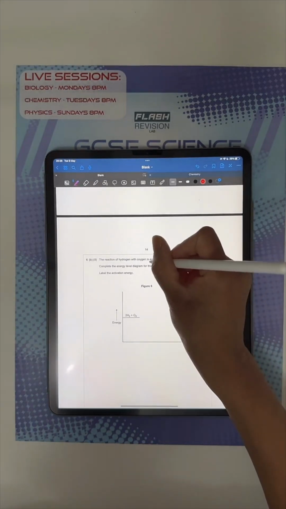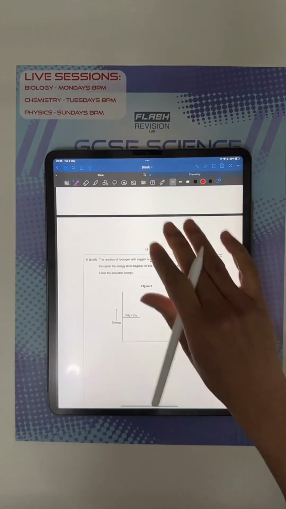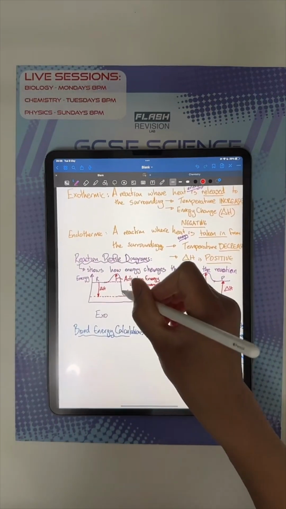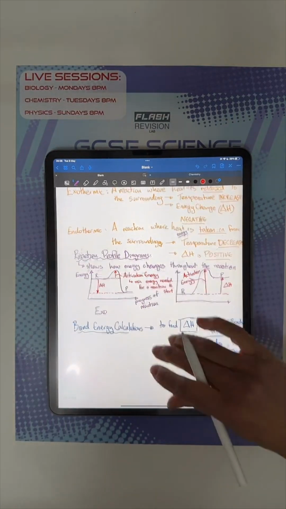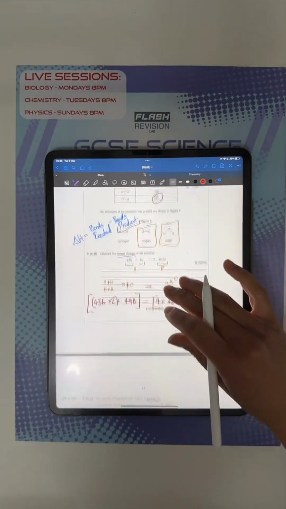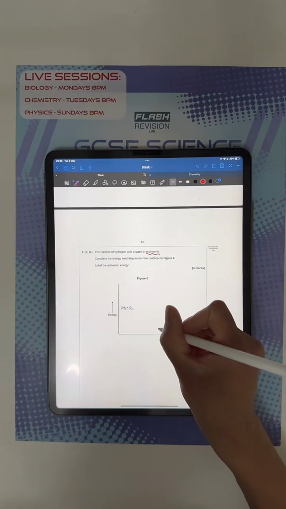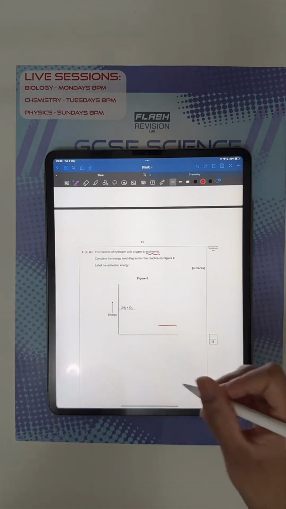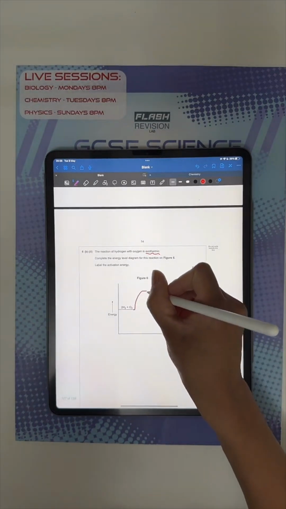It's exothermic. Remember, for exothermic, guys, it goes from high to low. So your products would actually be lower down like this. So that means our curve is going to go like that.